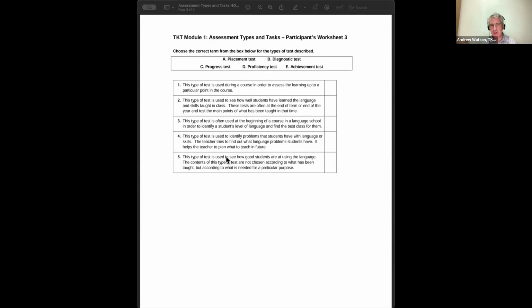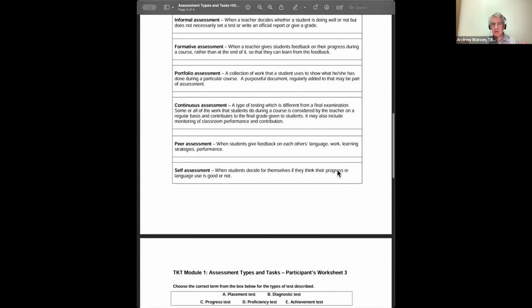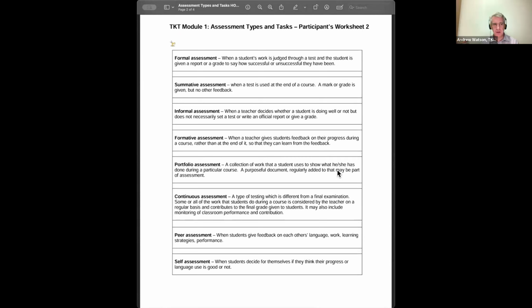Sounds like it would be self-assessment, right? Now, fairly obviously, but there might be a couple of options for each one. One might be formal assessment, and one might be summative assessment. One might be peer assessment, but it might also be informal assessment.